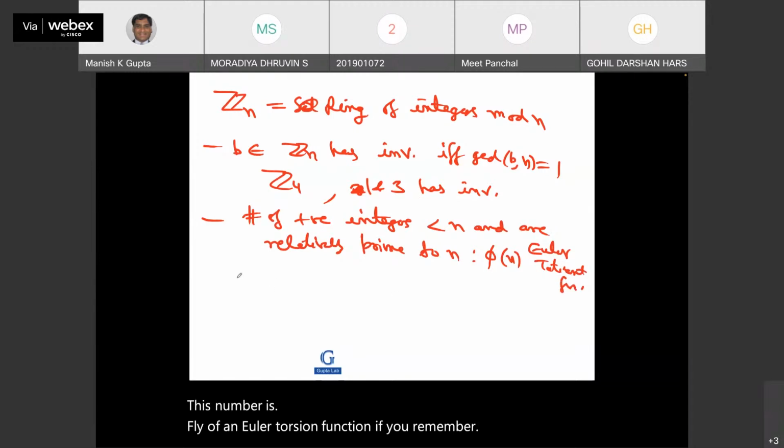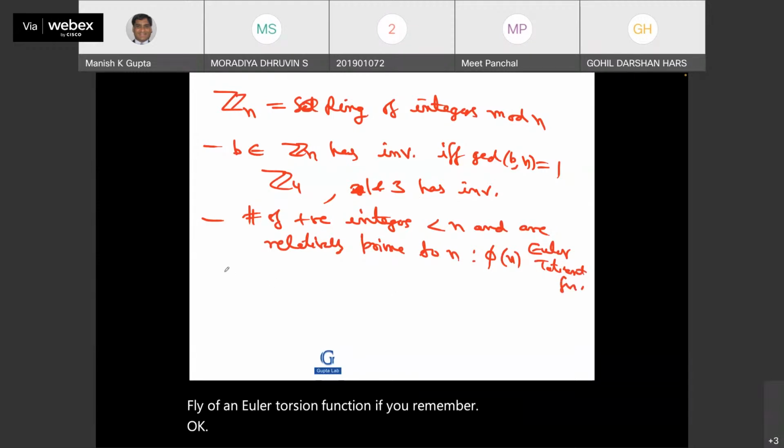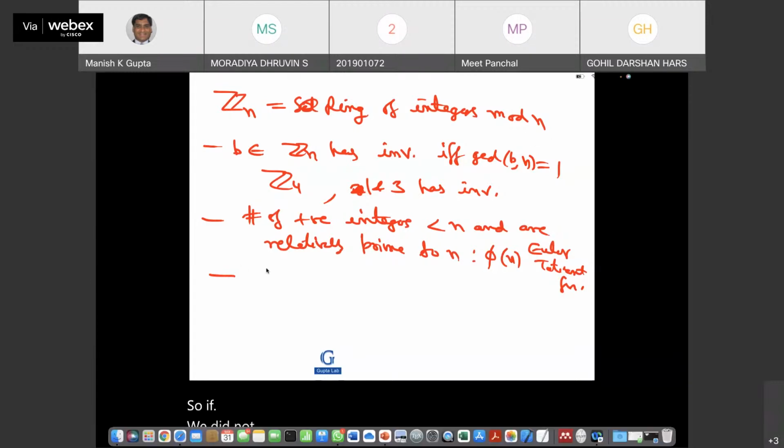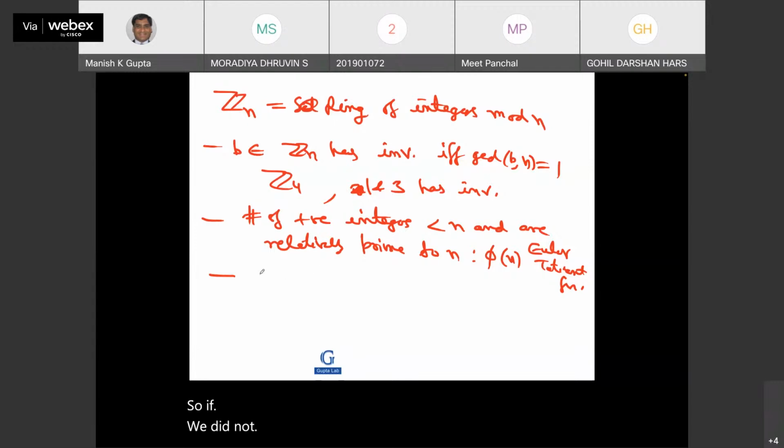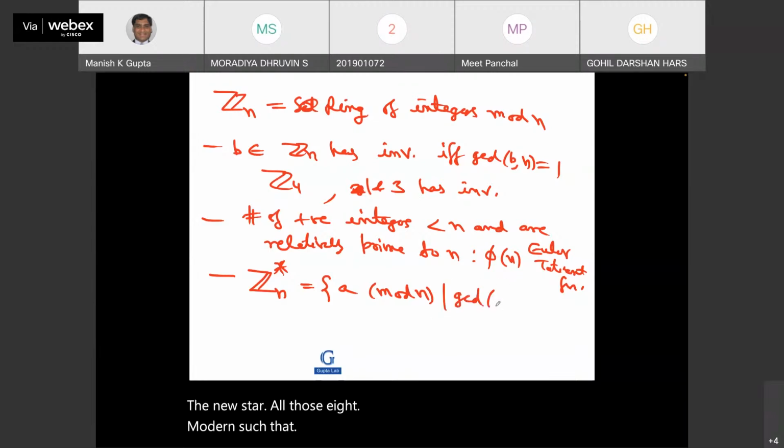Okay. So if we denote Zn star, all those a mod n such that GCD of a and n is 1.